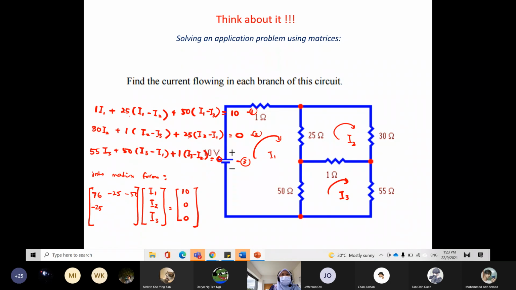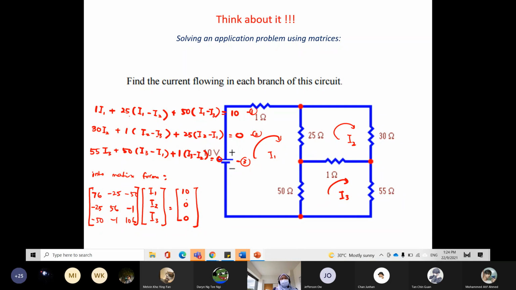I2 is 25, 26 plus 30, 56. I3 you have minus 1. Okay, so this one 105, 106. I2 minus 1. And then I1 is minus 50.